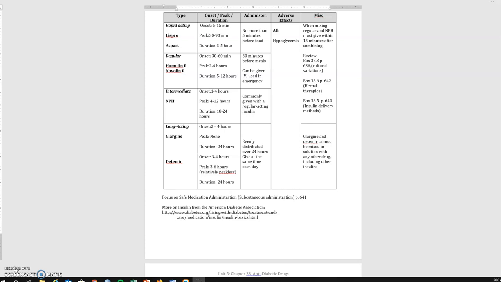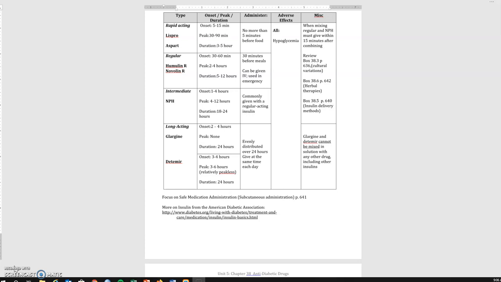And I know you had a skills test assignment that you had to turn in, but this is another helpful hint, and it actually shows on page 33 the locations for administering a sub-Q injection.